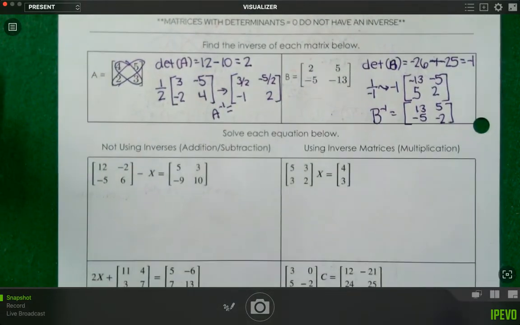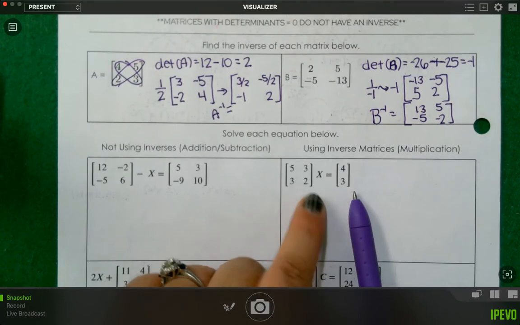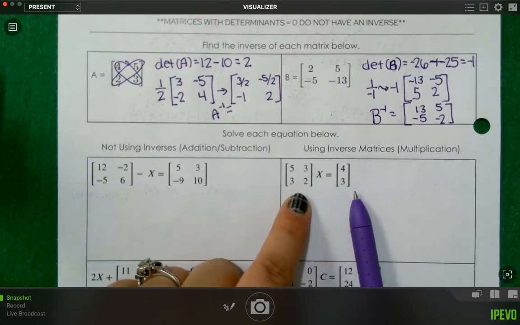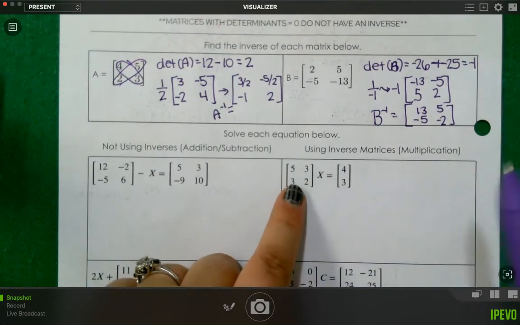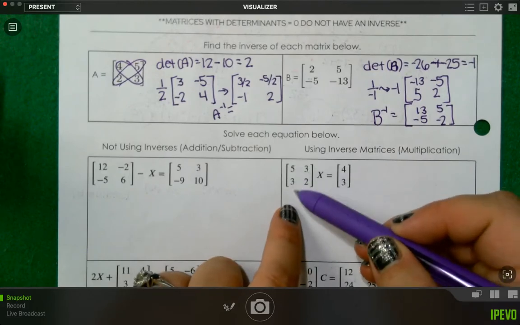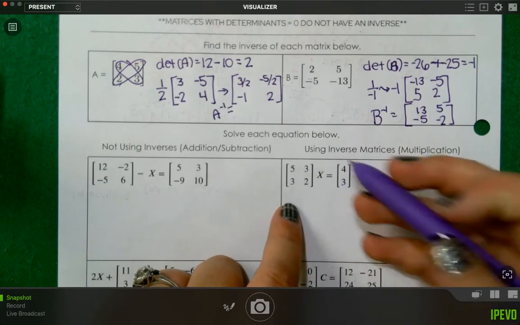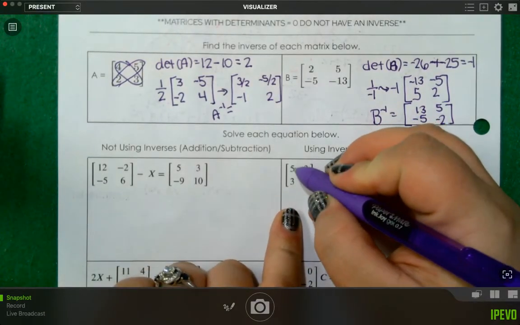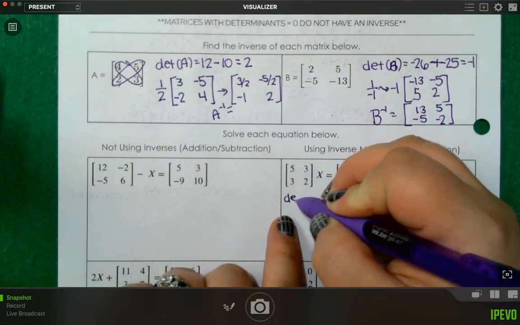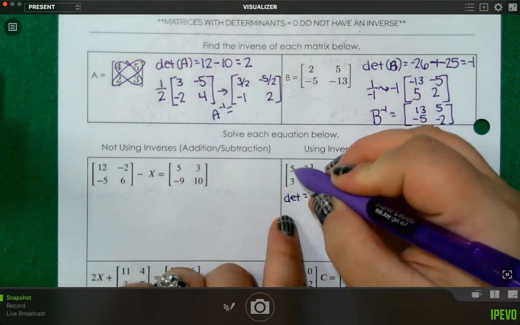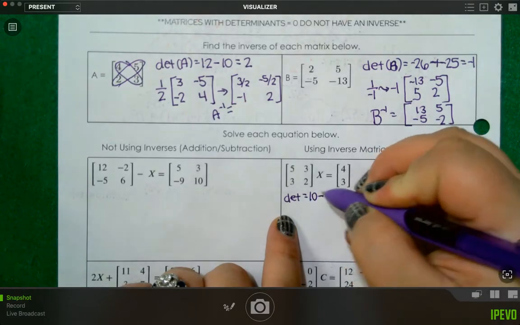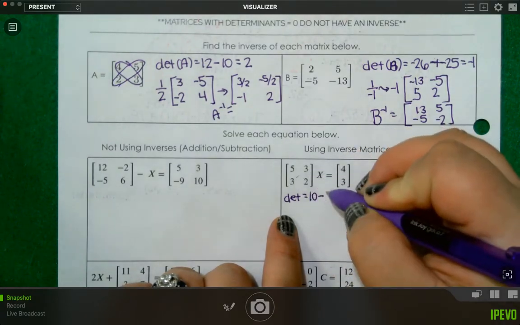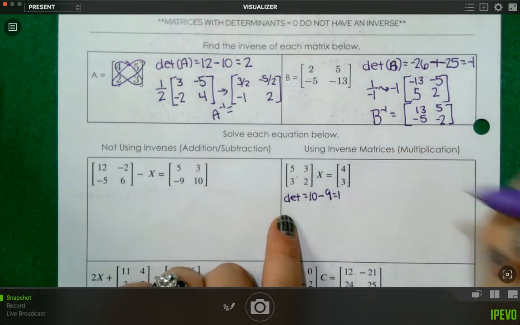Okay, let's talk about how to actually use this to solve. I'm going to start over here with when you actually need to solve with the inverse. So this is the one you want to get rid of, so this is the one you need to find the inverse of. Okay, so first of all, the determinant is going to be 10 minus 3 times 3, 9, which is 1.